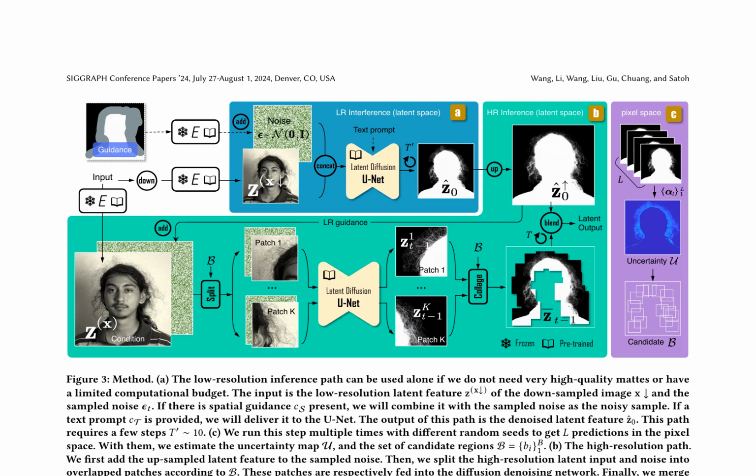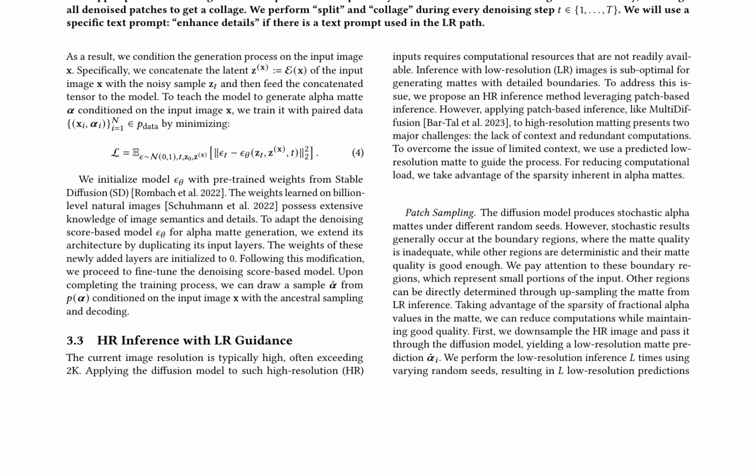The method involves downsampling the HR image, passing it through the diffusion model, and performing low-resolution inference multiple times using varying random seeds. The authors also discuss the use of text prompts to enhance details in the generated matte and propose a specific text prompt, "enhance details". They highlight the importance of adapting the denoising score-based model for alpha matte generation and fine-tune the model using paired data.